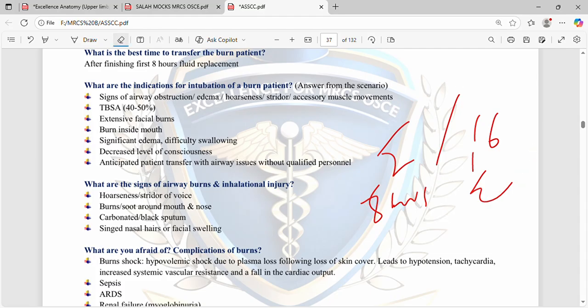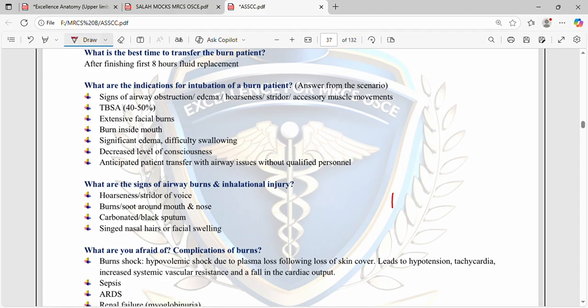What are the indications of intubation in a burn patient? Signs of airway obstruction: edema, hoarseness, stridor, excessive muscle movements; total body surface area 40 to 50% involved; extensive facial burns; burns inside the mouth; significant edema; difficulty swallowing; decreased level of consciousness; anticipated patient transfer with airway issues without qualified personnel.